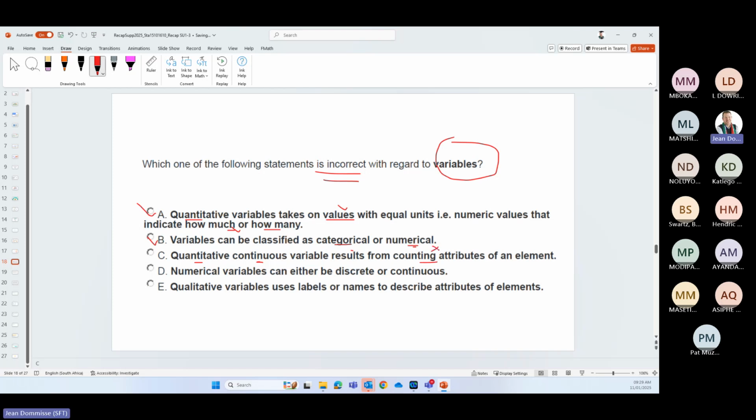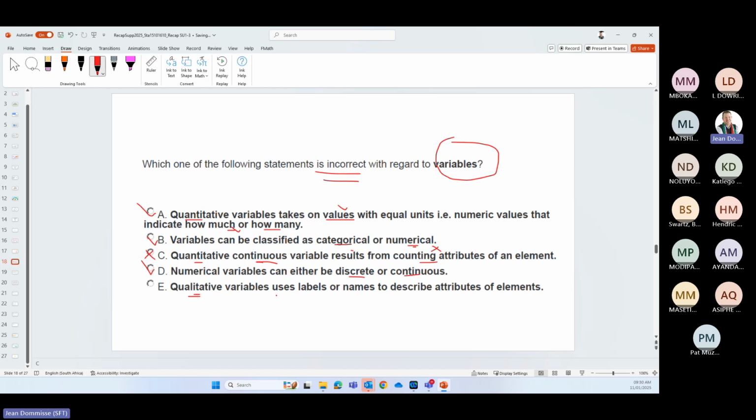Okay, so it's not counting. It is measurement. So continuous is measurement, where discrete is counting. Numerical variables can be discrete or continuous. That is correct. Qualitative, so now we're going into the quality.